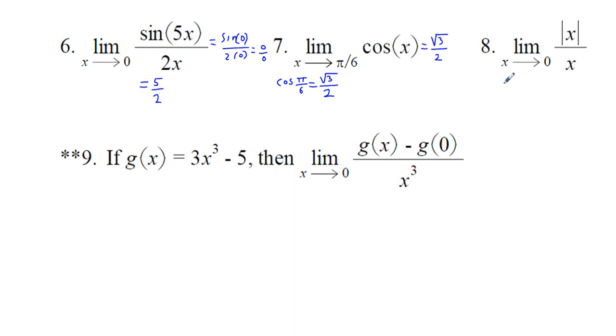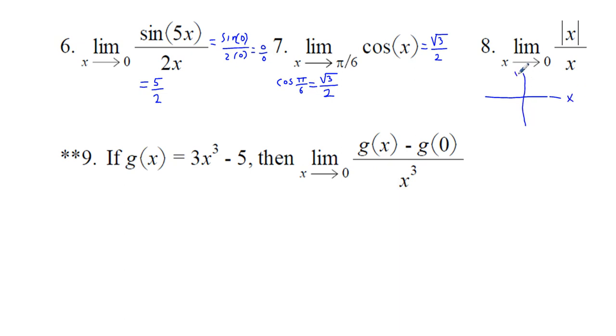Okay, next, 8. The limit as x approaches 0 of absolute value of x over x. And what we have there, just graphically what this looks like, is we have an XY coordinate plane.